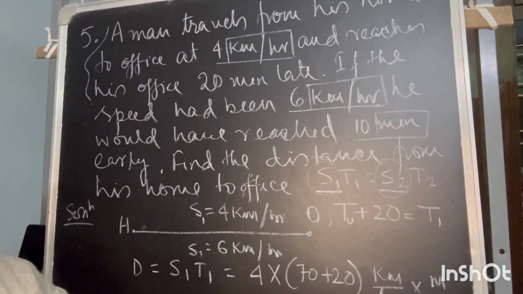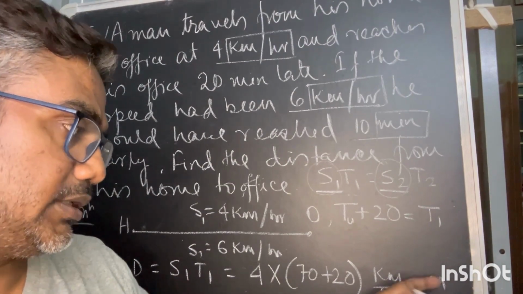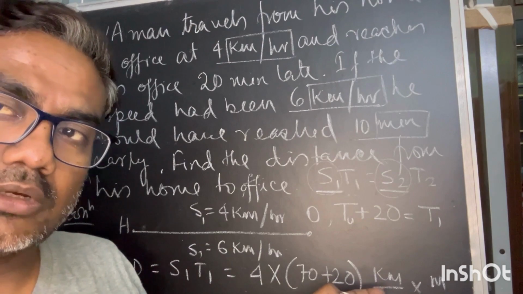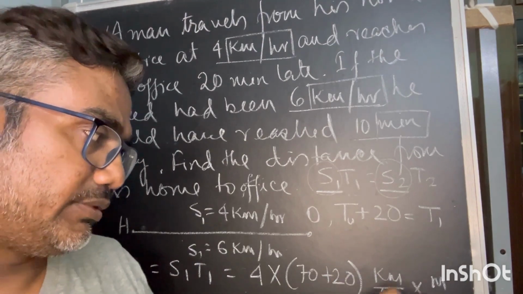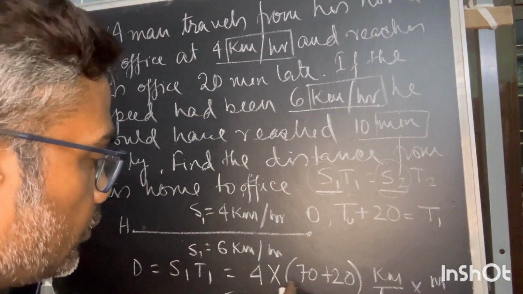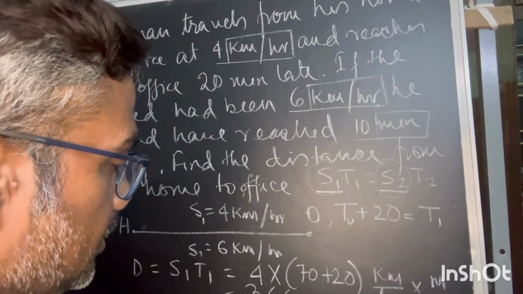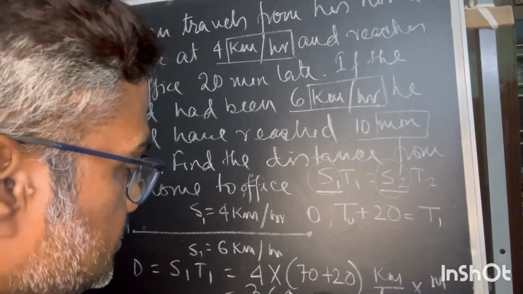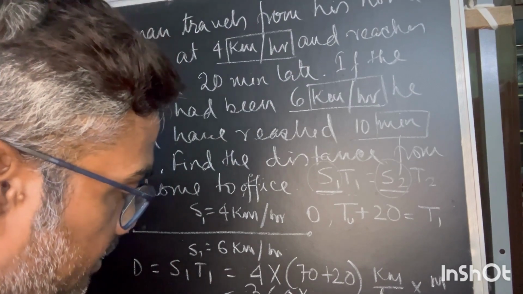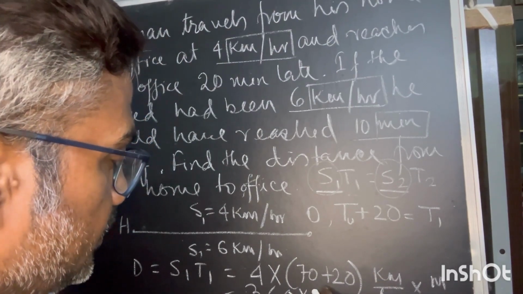You write the equation side by side. Don't ever be scared to write the units side by side, because that will always give you an alarm wherever it needs changes. Okay, so 4 into 90, that means 360. The calculation part is okay. Now I will change the units. The numerical part will be calculated with the numerical.